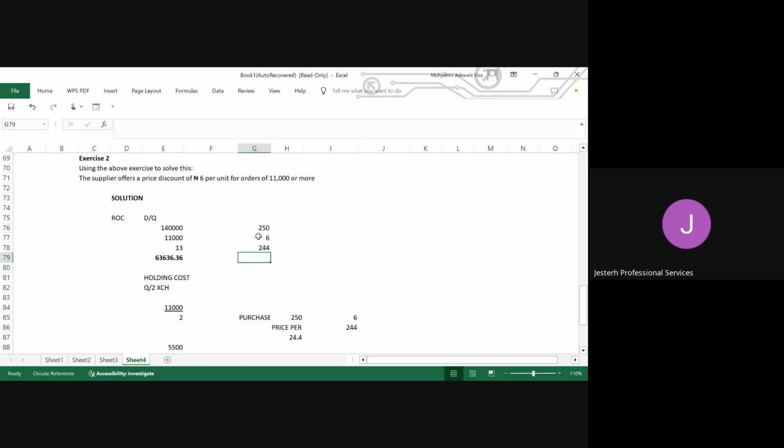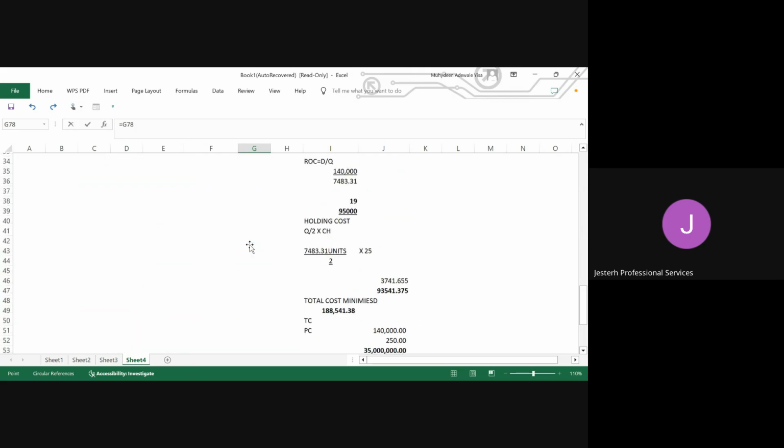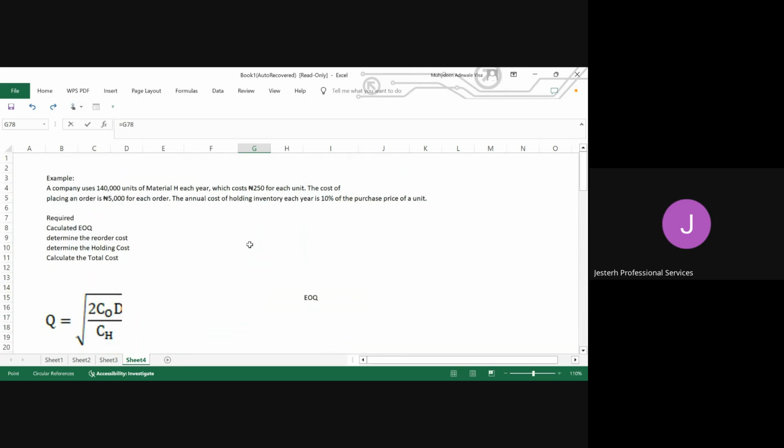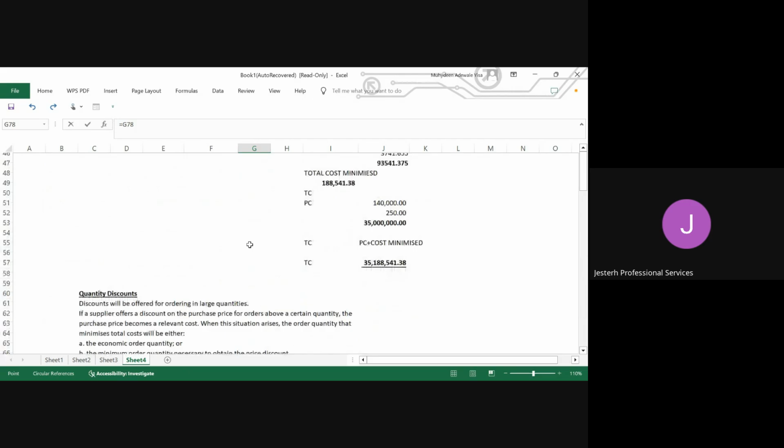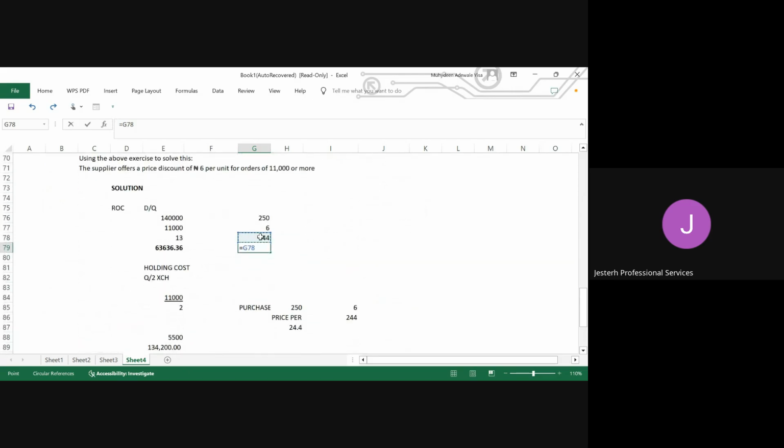Now that they are giving us the discounts, our purchase price per unit has reduced from 250 to 244 naira. So it means our holding cost will be affected, by dividing this new price after we have received the discount by the percentage, which is the 10% that the organization has already set aside to determine their holding costs.